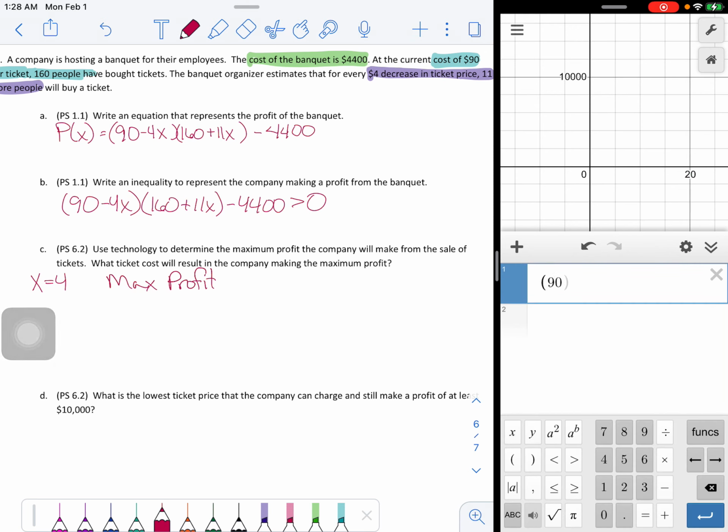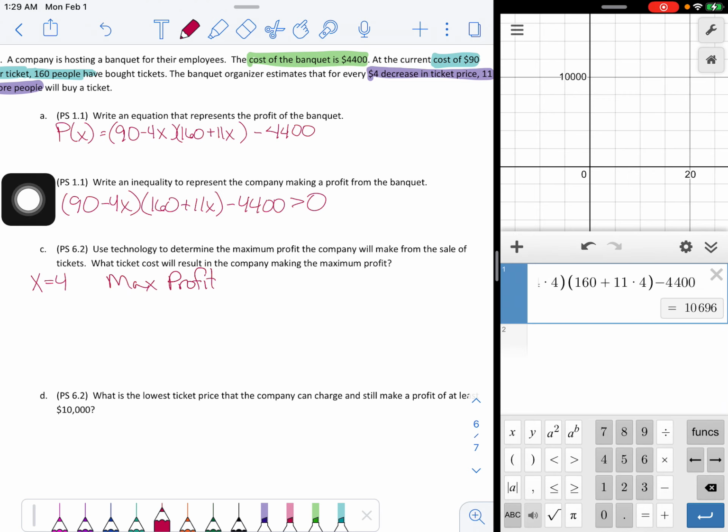So let's see, we've got 90 minus 4 times 4, then we're going to do times 160 plus 11 times 4. And then I want to subtract the cost of the banquet, so 4,400.